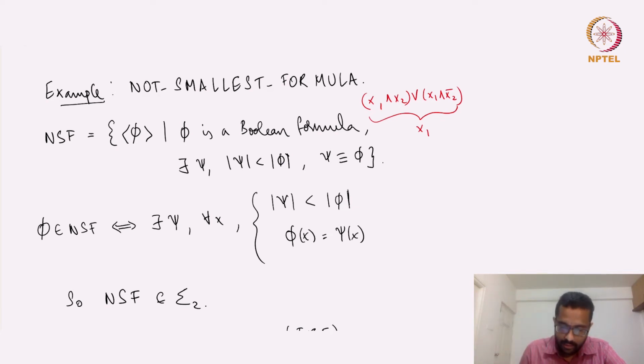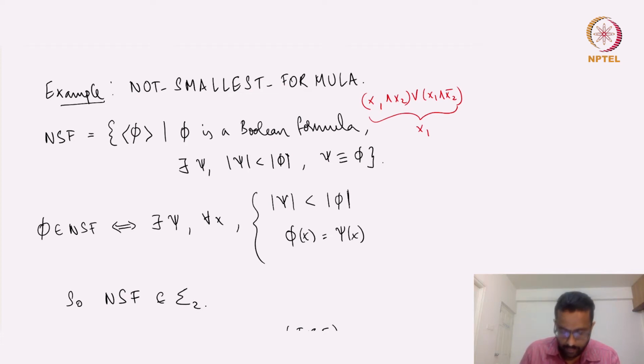A Boolean formula phi is not the smallest Boolean formula if there exists another formula psi which is equivalent, and psi is smaller than phi. Equivalent means for all the values it evaluates to the same value. If you consider the thing that I have written in red, they are equivalent. For all the values of x1 and x2, it is equal to just x1.